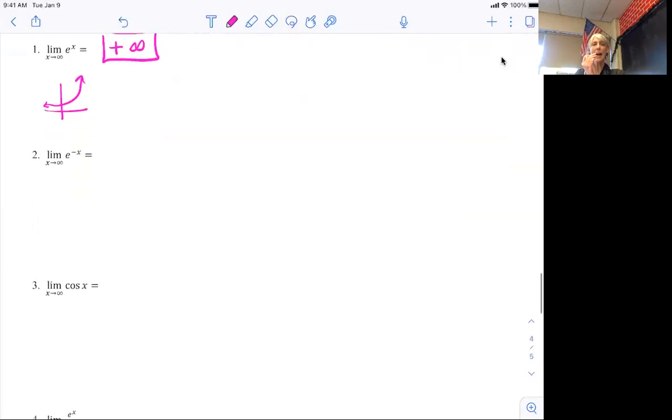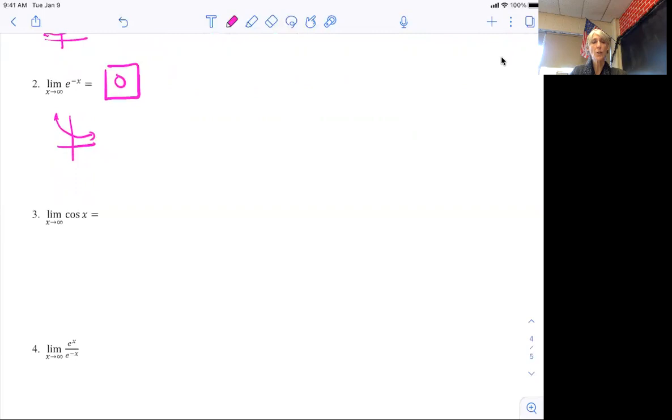Well, e to the negative x, what are we doing? We're flipping that graph over the y-axis. You don't have to draw it, but you should be able to visualize it. In this case, as x goes to infinity, our y values are going to 0, approaching 0, never reaching it.